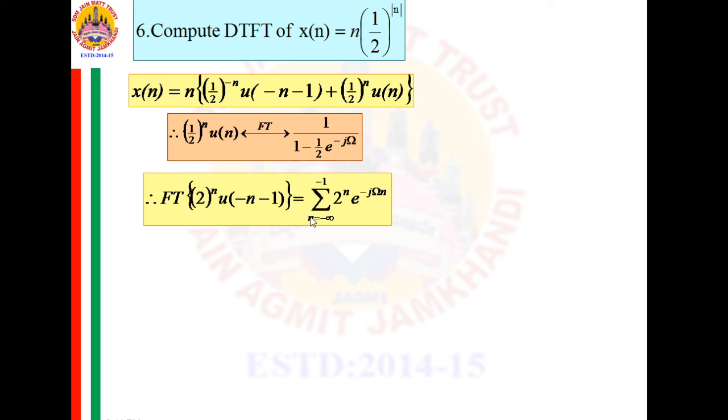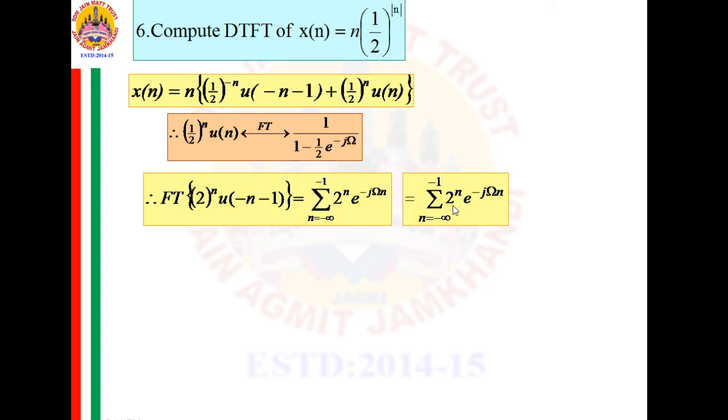So by definition of the expression, we shall write it as the sum from n equals minus infinity to minus 1 of 2^n e^(-jΩn). Now you can first replace n with minus n. So instead of varying from minus infinity to minus 1, I will vary this from 1 to infinity.